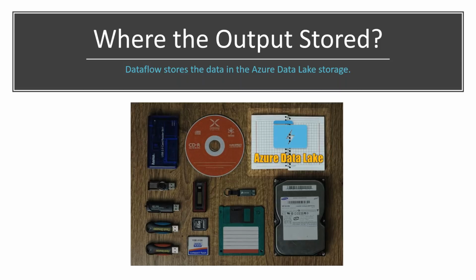This Azure Data Lake storage is a storage where you can store structured data like CSV files, Excel files, things like that, or unstructured data like image files or other stuff. The format that the output of Dataflow will be stored in is CSV, which we will talk about a little later, right? So it's a Power Query process, run in the cloud. The output will be stored in Azure Data Lake, right?